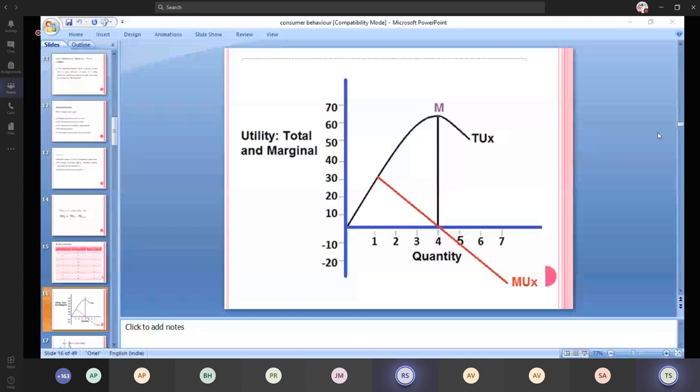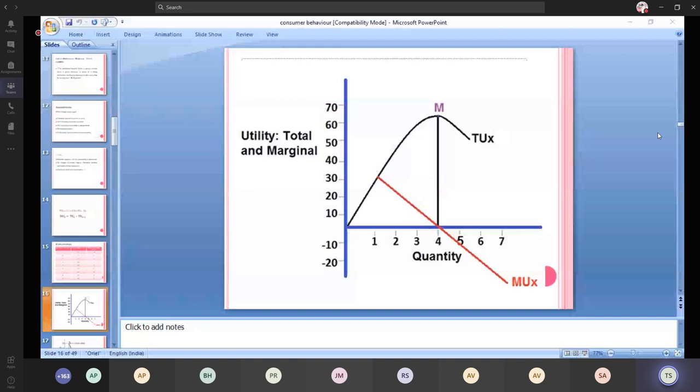So this diminishing line is the marginal utility, which was in the previous diagram in red color. According to our example, or otherwise, the marginal utility is a downward sloping line. The initial point in this diagram, the initial marginal utility is M, that is the first unit's utility is called the initial utility, and afterwards it starts to decline and it crosses the x-axis and becomes negative.